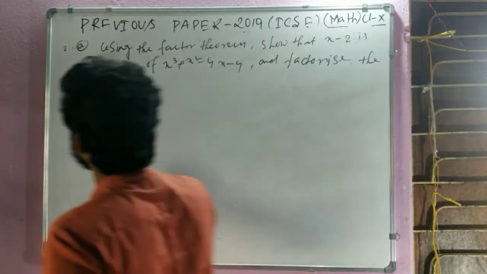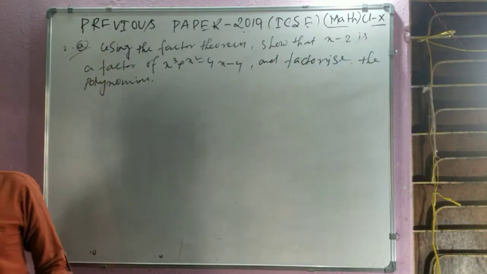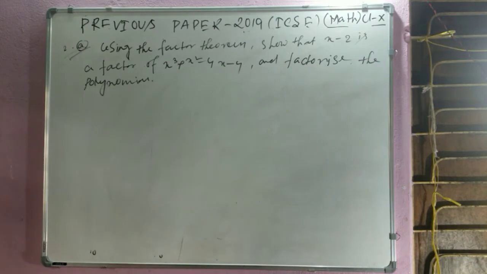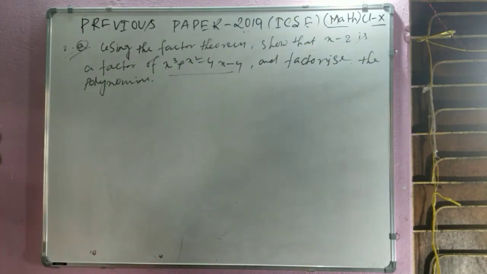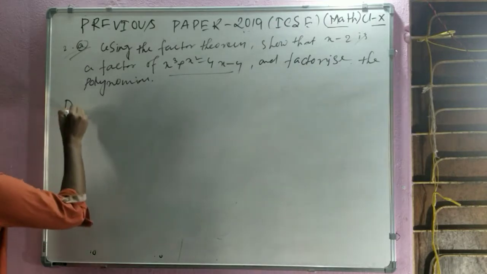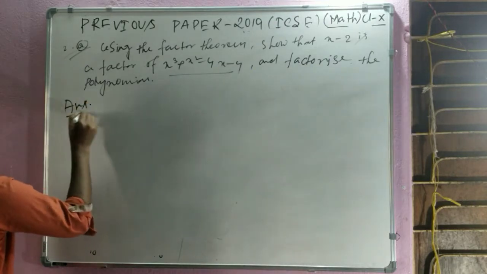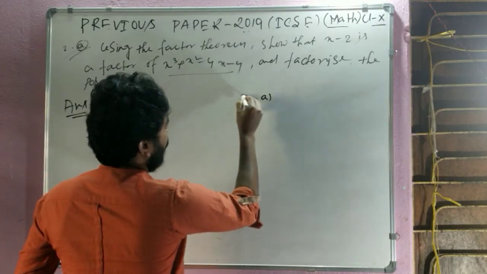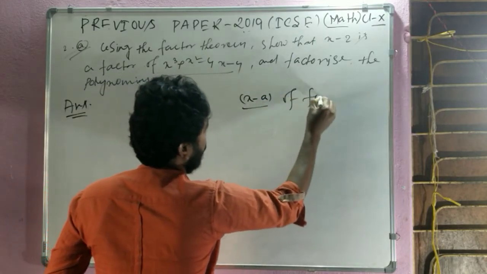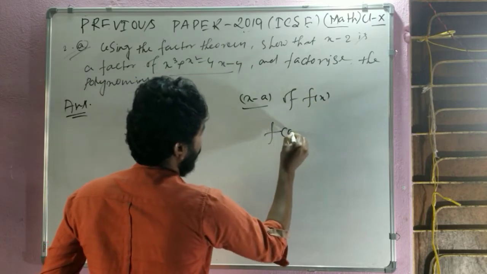Next question, question number 2a. Using the factor theorem, show that x minus 2 is a factor of this polynomial and factorize the polynomial. We know that the factor theorem states that if x minus a is a factor of the polynomial f(x), then f of a equals 0.